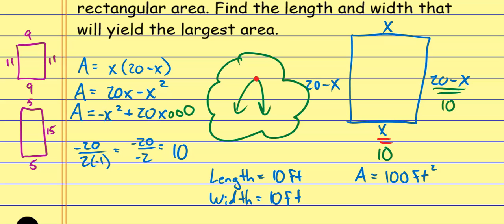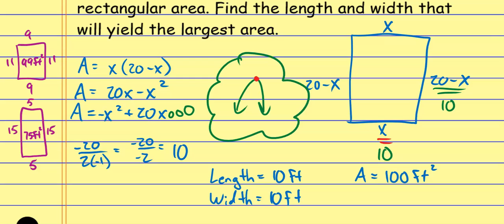And so again, as I work my way around that thing, this is still 40 feet, okay? But if I find the area, 15 times 5, that's 75 square feet. Here, let me write it inside here. And so what I'm finding is that the measurements that I found give me the biggest area. If I compare different ways that I could do this, I continue to have 40 feet around the thing, but I can continue to get areas that are not quite as large, okay?